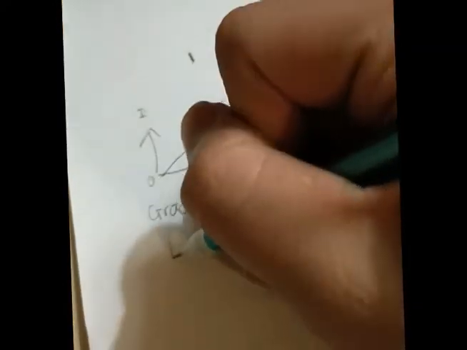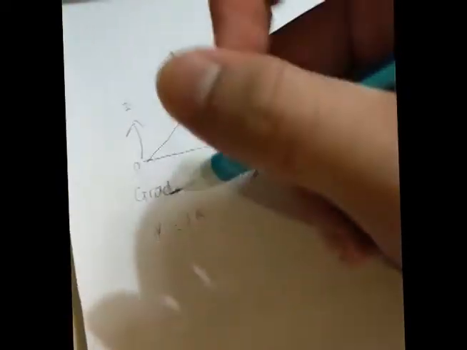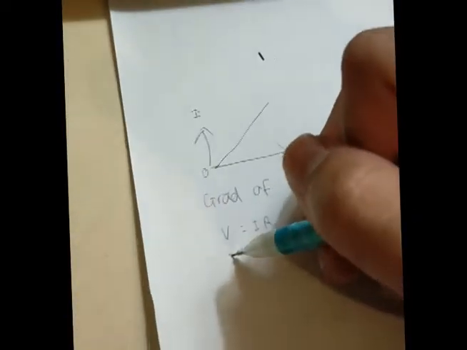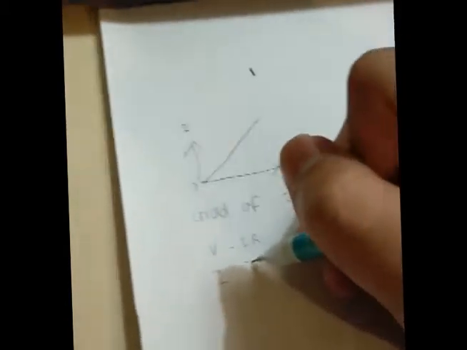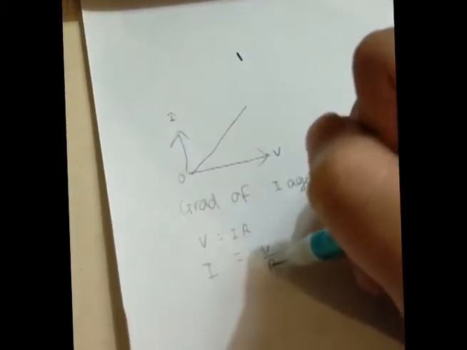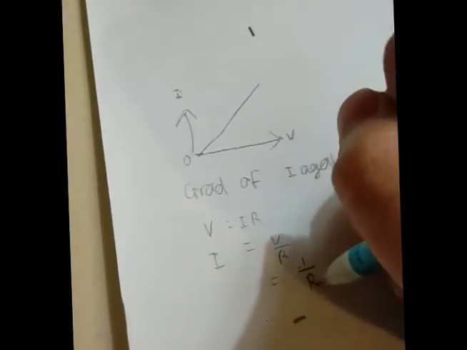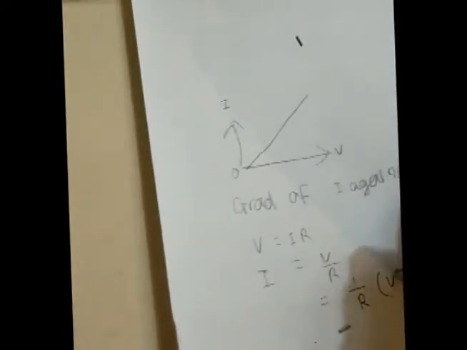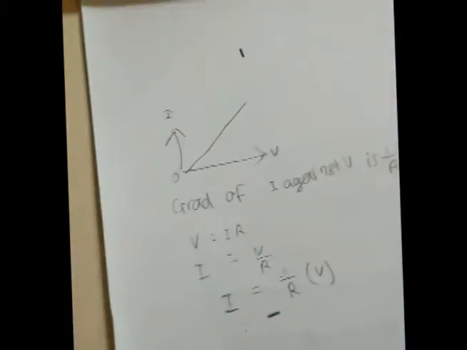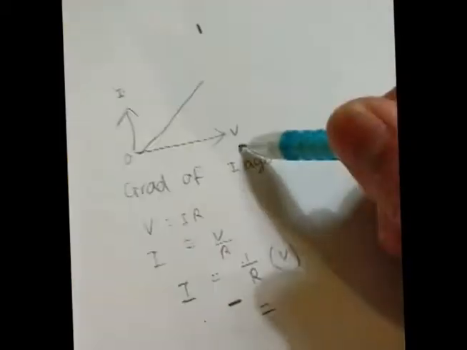V equals IR, and this is your Y equals mx plus C. If I make I your Y, you get I equals V over R, which is 1 over R times V. Which means that your gradient will be 1 over R, and your V will be your x-axis.